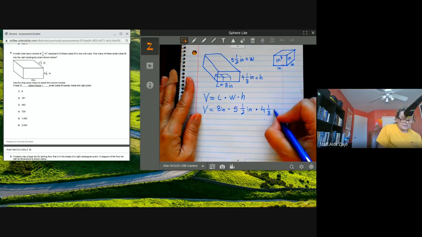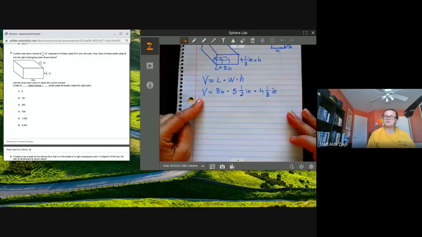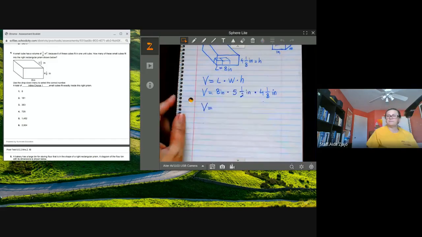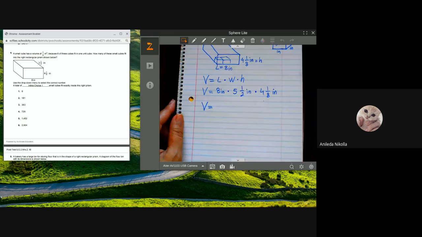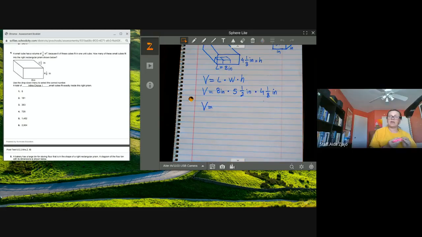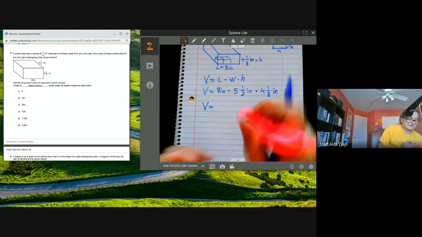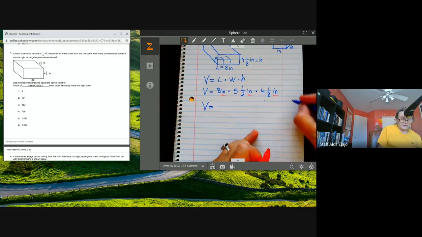Excellent. Okay. So now we have that, and then what would you do first, Anilada? Which one would you calculate? I would do 8 and 4 and 1/8. Okay, very good. So I'm going to leave the inches times inches, because I know my units will be cubic inches at the end.